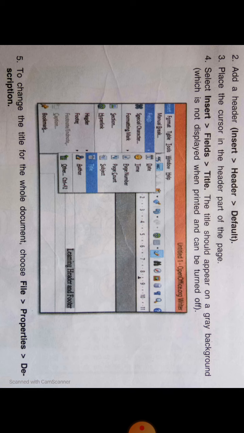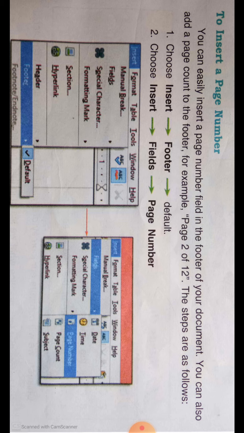Now, how can we insert a page number? You can easily insert a page number field in the footer of your document. You can also add a page count to the footer, for example, page 2 of 12.